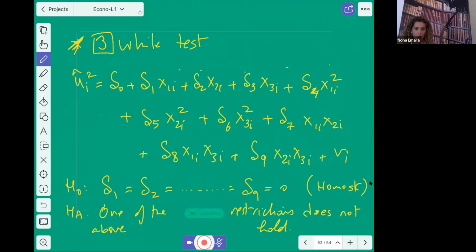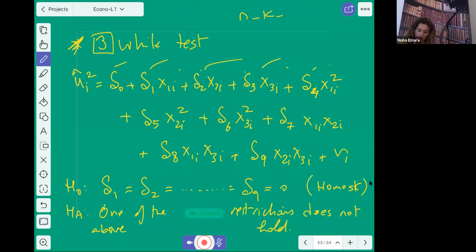The alternative White test is called alternative because, as you can imagine, I have here 9 coefficients if I have 3 x's. Imagine you have 4 x's, imagine you have 5, 6, 7, you will keep on estimating multiple coefficients, and the more coefficients you estimate, you keep losing degrees of freedom. Degrees of freedom are here n minus k minus 1.